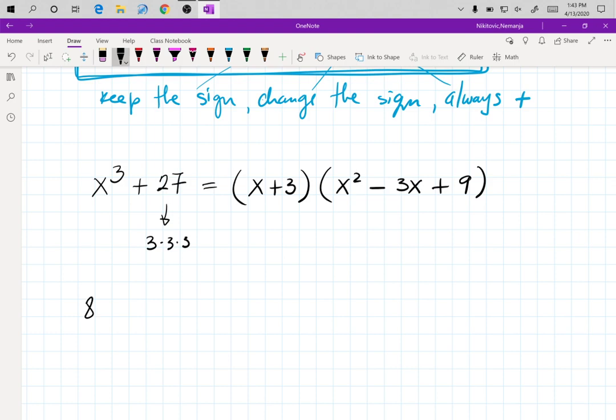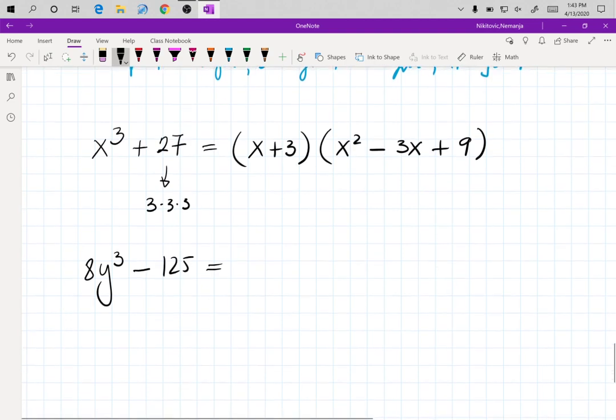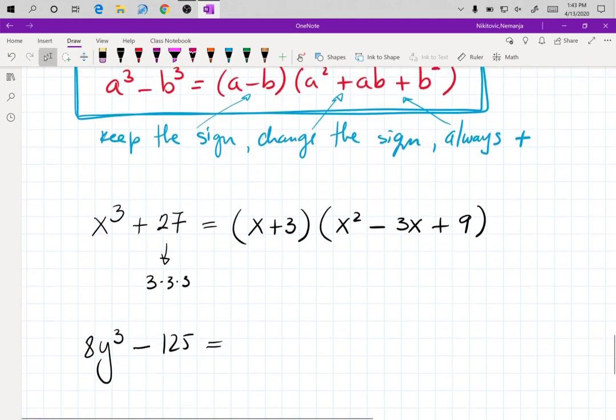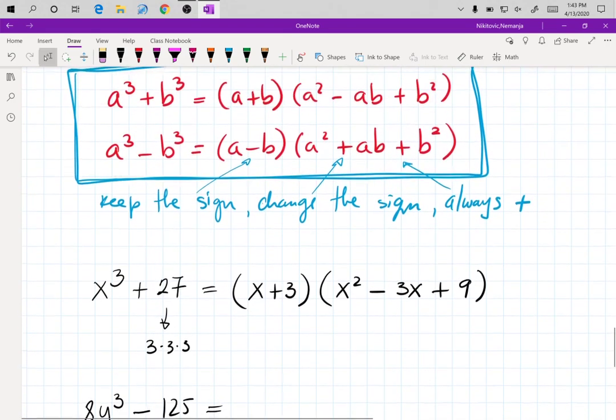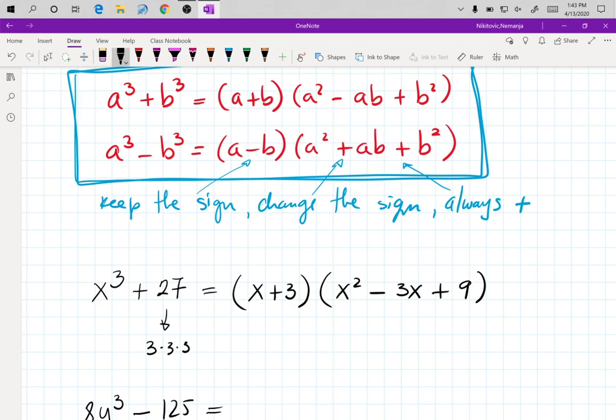Let's say you have 8y cubed minus 125. We memorize these 5 or 6 numbers. For cubes, we have a positive and a negative formula, so yes, we can factor.